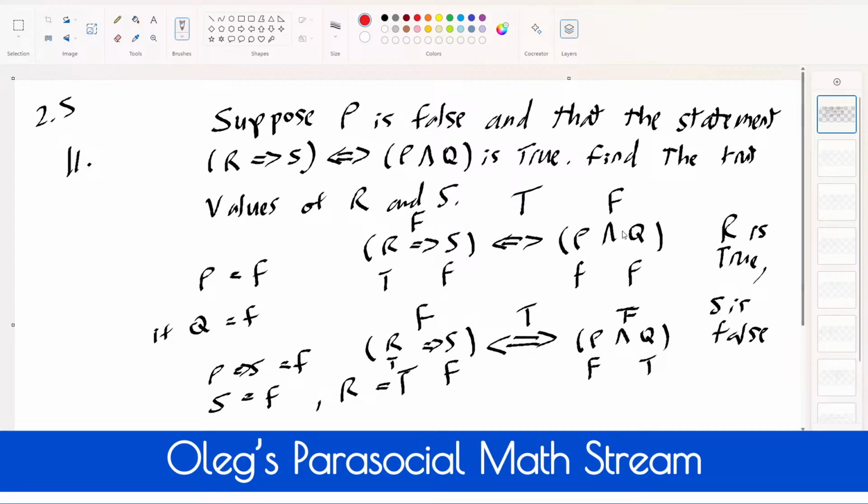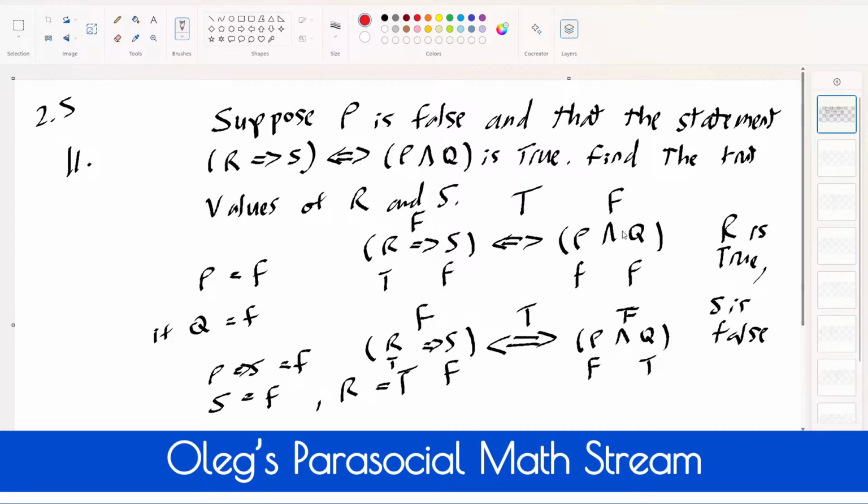In this case, the only variable that can flip back and forth for the whole equation to remain true would be Q, which can be true or false, because that will not affect the falseness of P and Q. The P makes it false regardless of what Q does.